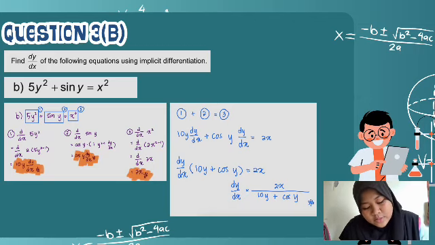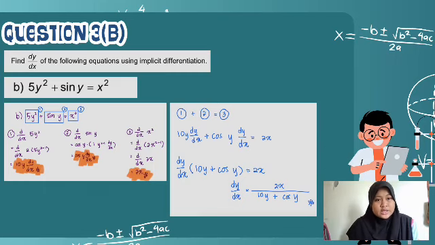And this will bring us cos y d per dx. And because we are differentiating a y term, it will be cos y dy per dx. This is our second term.